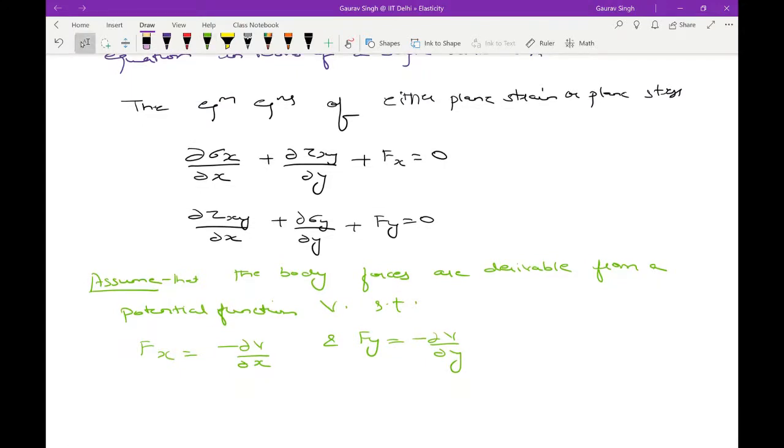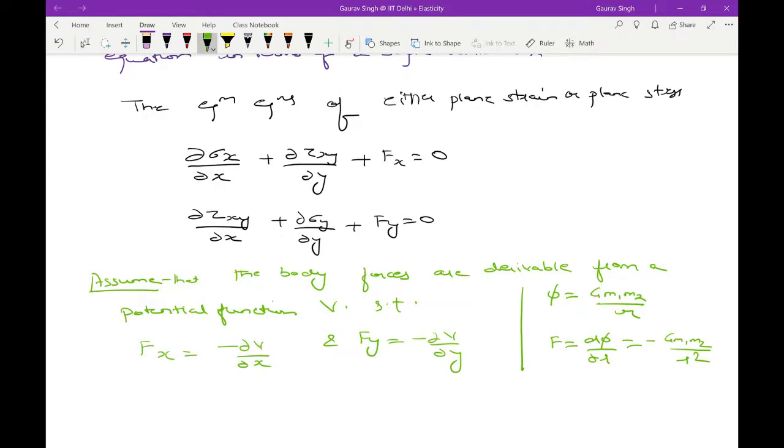Okay, now making this assumption is not very restrictive. Most of the forces are actually based on a potential function. For example, consider the force of gravity. If the potential is phi equal to G m1 m2 by r, the force between them is minus d phi by dr. That would make it minus G m1 m2 by r square, the minus sign indicating it's an attractive force, and so on.